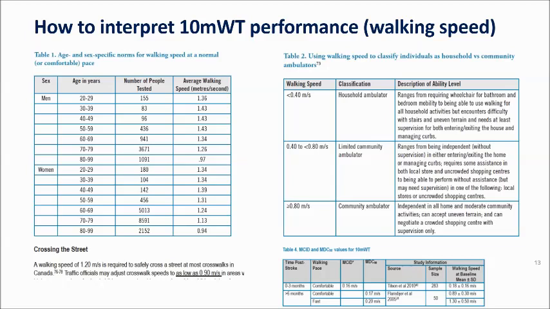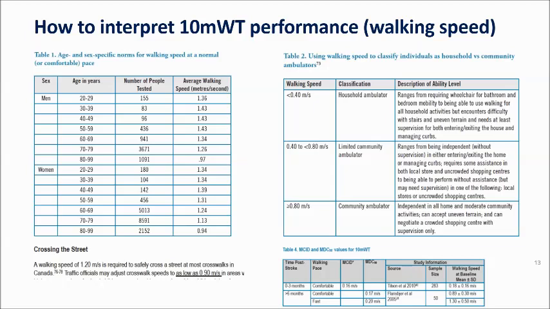In the lower left-hand corner here, you'll see that we had a section that indicated that in Canada, the standardized walking speed to cross the street is 1.2 meters per second. However, traffic officials may lower the walking speed of a light signal to as low as 0.9 meters per second in areas where there are a lot of children, so near schools, or in areas where a lot of residents are seniors.